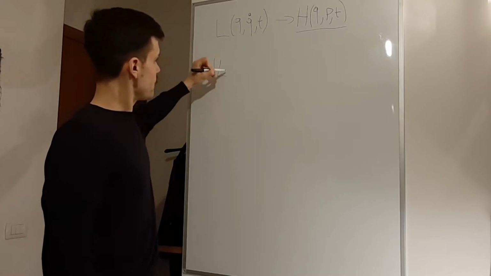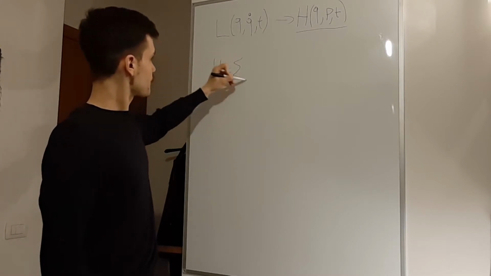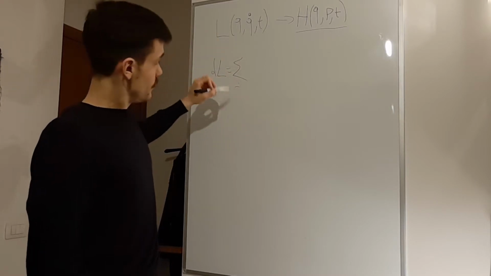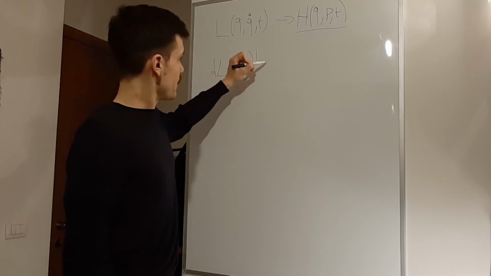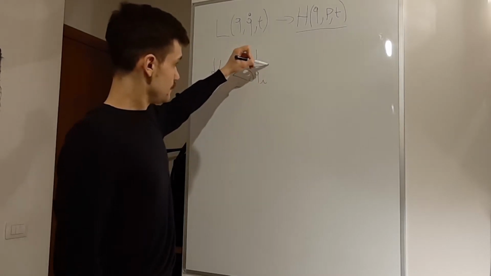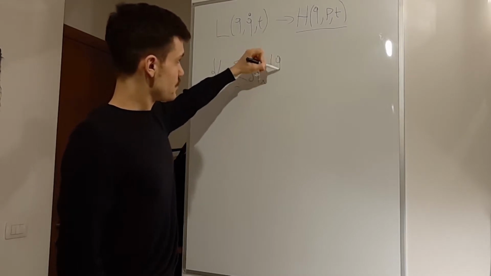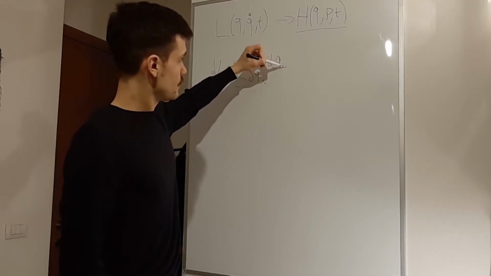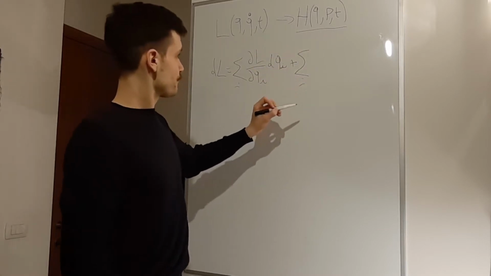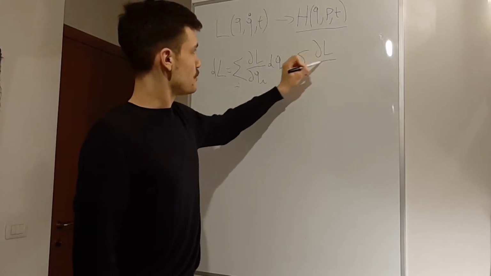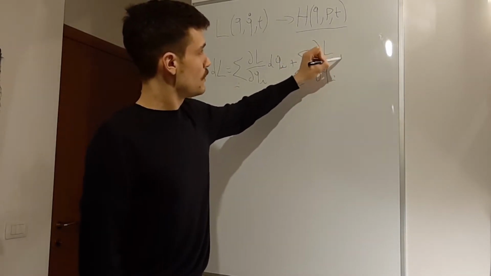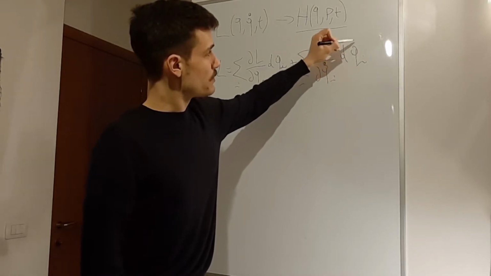I can write the differential of the Lagrangian as the sum over the degrees of freedom of the partial derivative of the Lagrangian with respect to the position, times the differential of the position, plus the sum over the degrees of freedom of the partial derivative of the Lagrangian with respect to velocities, times the differential of the velocities.